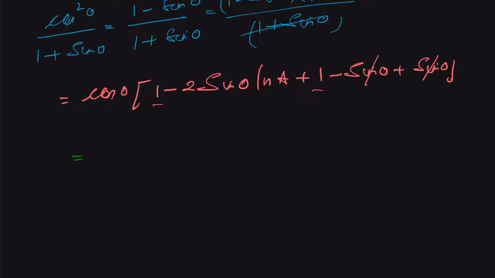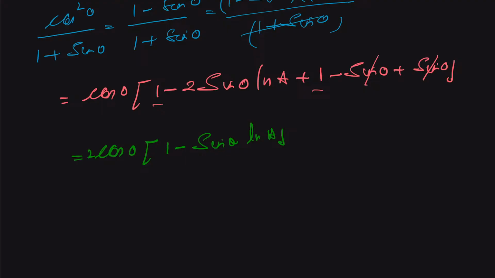Therefore we get cos of theta, and we can take 2 as common, so this comes as 1 minus sine of theta natural log of a.